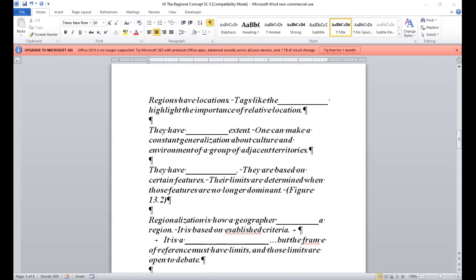For example, the Midwest. The Midwest consists of certain states that are generally agreed upon by geographers: Ohio, Michigan, Illinois, Wisconsin, Minnesota, Iowa, and Missouri. Some geographers will include Pennsylvania, western Pennsylvania, on a line pretty much from maybe the eastern end of Erie County on down to West Virginia.